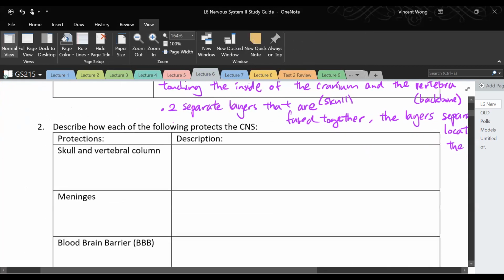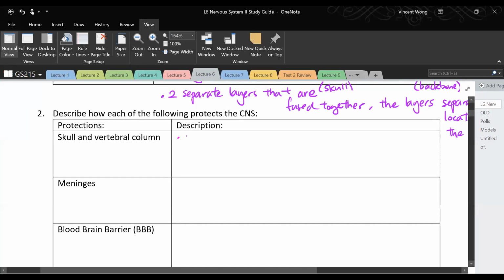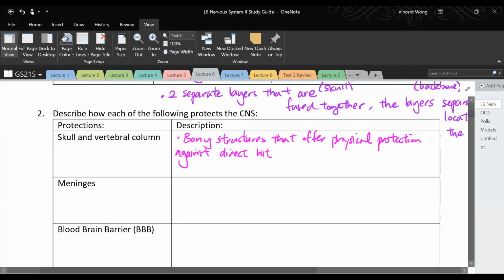Obviously they offer a lot of protection. These bony structures offer physical protection against direct hits, like you hit your head against the wall or something, and blunt force.